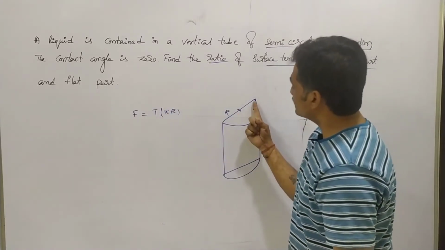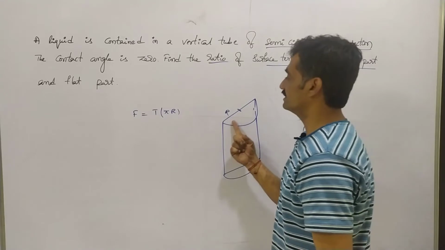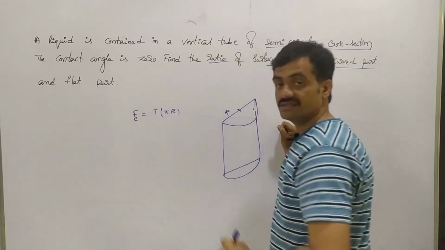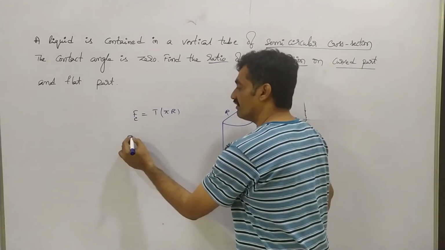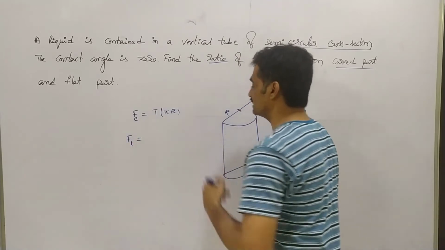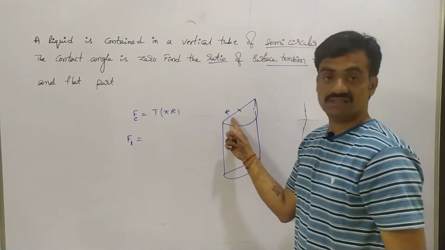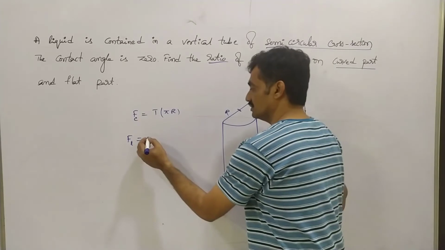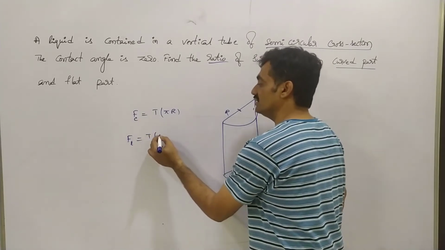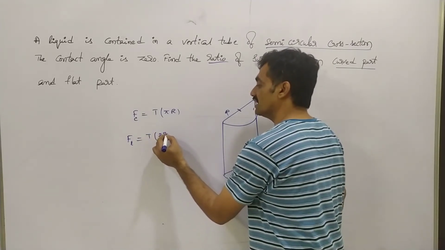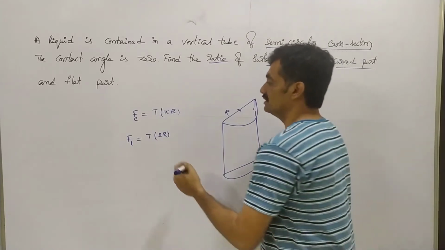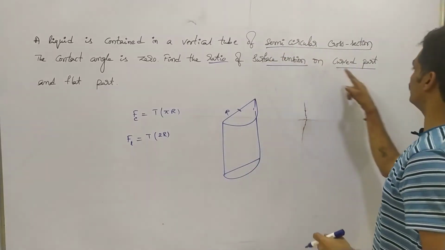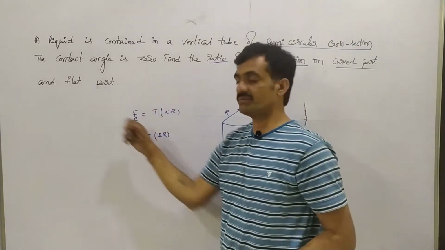Now, let us consider the flat part as C. When we consider the flat part, the force in this case is given based on this diameter. So F is equal to T into 2r. Here we have to find the ratio of the curved part to the flat part.